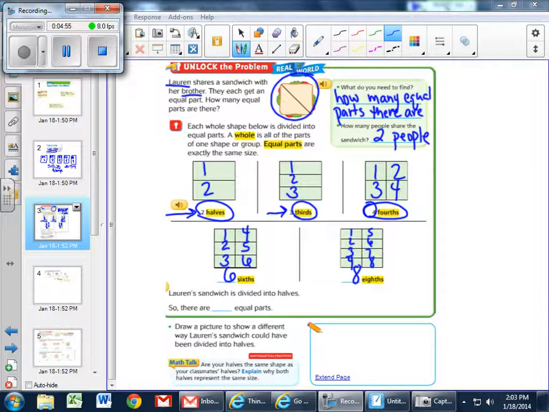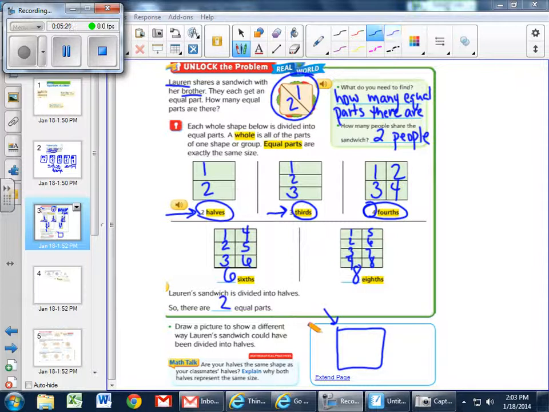Okay. Lauren's sandwich is divided into halves. So how many pieces does she have? There were 2 equal parts. Draw a picture to show a different way Lauren's sandwich could have been divided into halves. So if we have her sandwich here, they cut it going this direction in half.